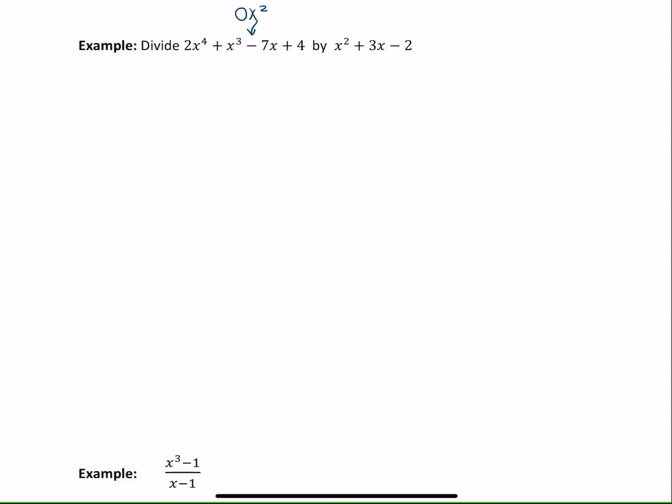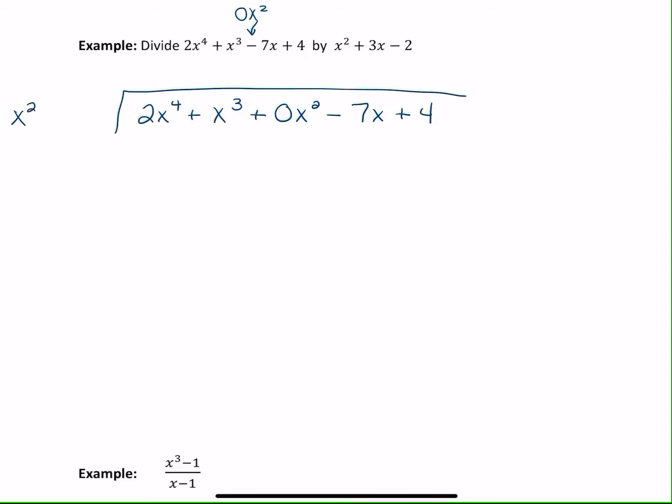So when I rewrite this, I'm going to have 2x to the 4th plus x cubed plus 0x squared minus 7x plus 4. And then we're dividing by x squared plus 3x minus 2.